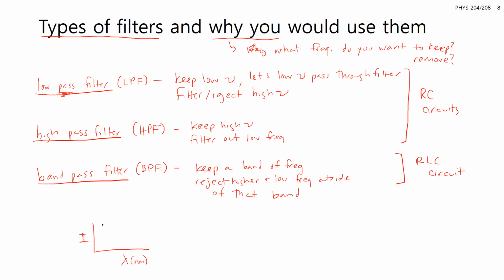For example, I'm using a laser in my lab with 561 nanometer light, which would be a green laser. And then we're looking at redder emission, let's say greater than 600 nanometers. So when I'm doing my experiments, I want to filter out this laser light.